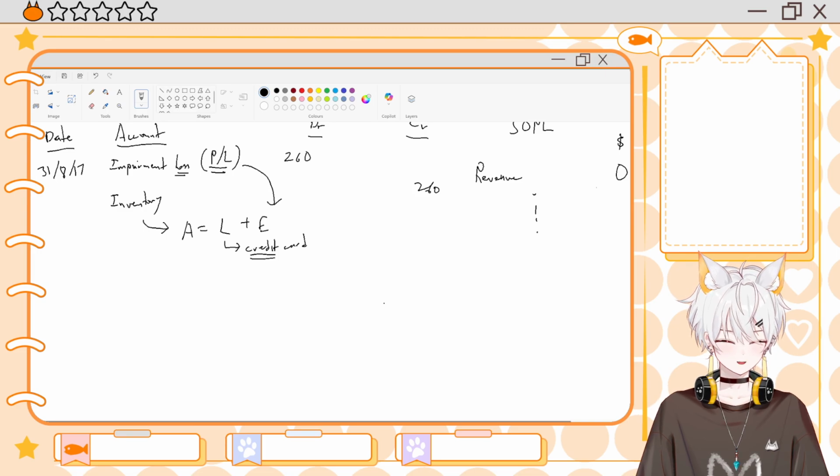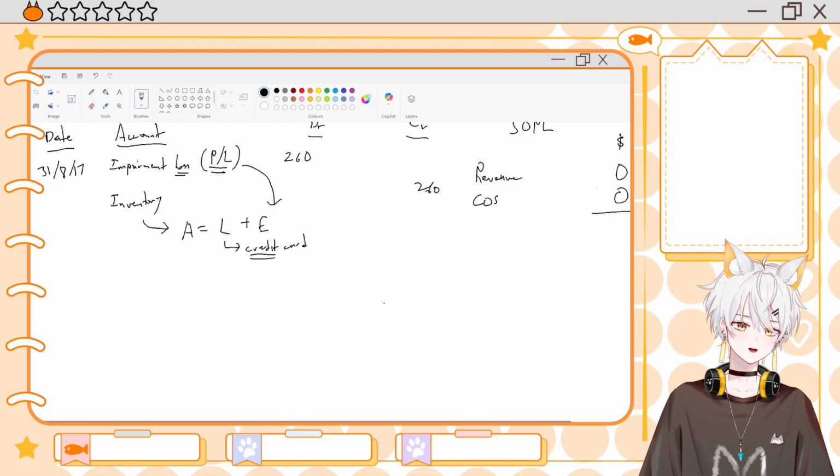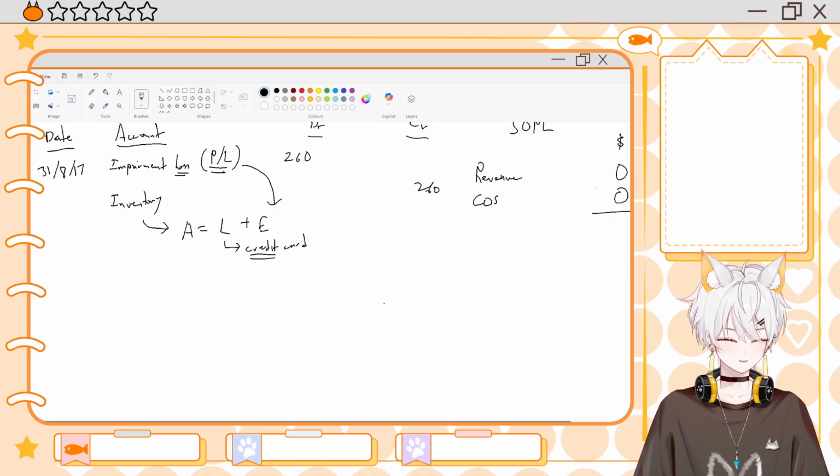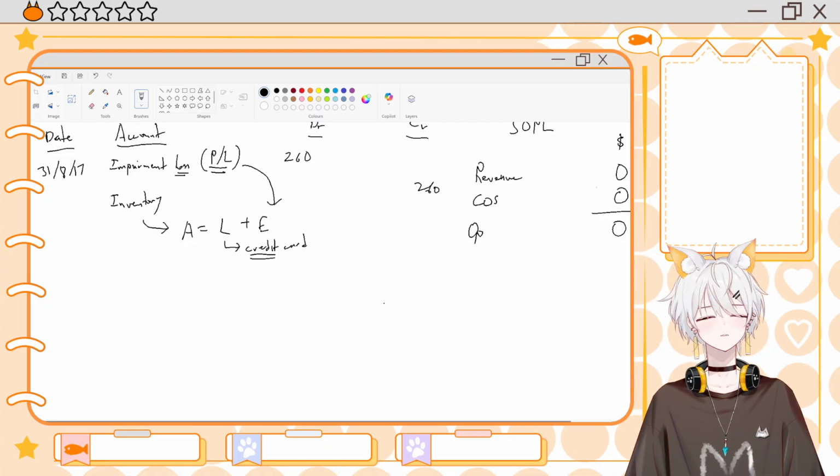Your cost of sales will actually appear underneath your revenue. Let's count it as 0 as well, assuming you didn't sell anything for this year. Then this is actually your, what is it again?